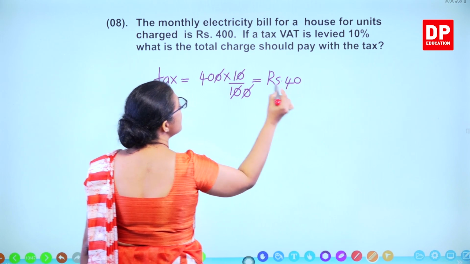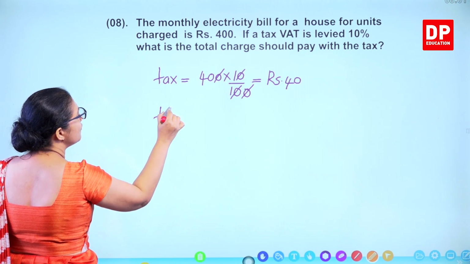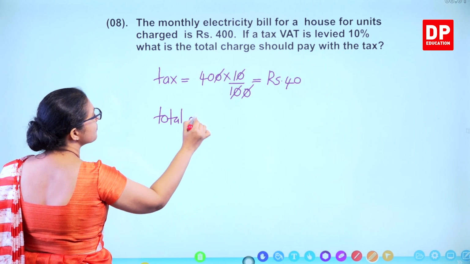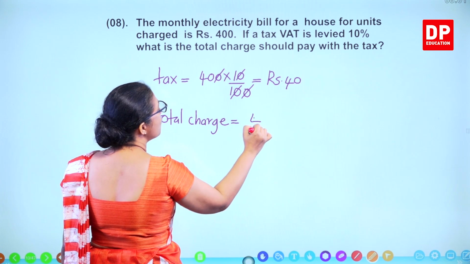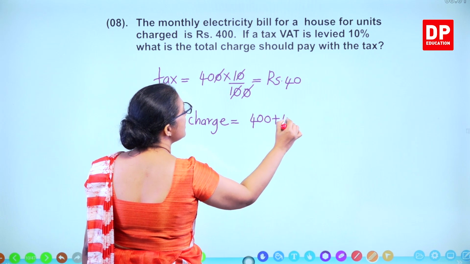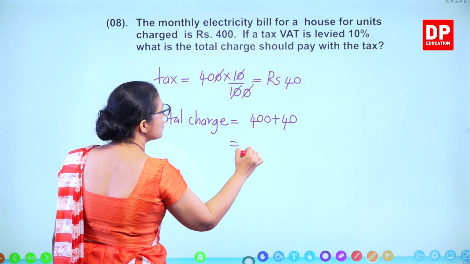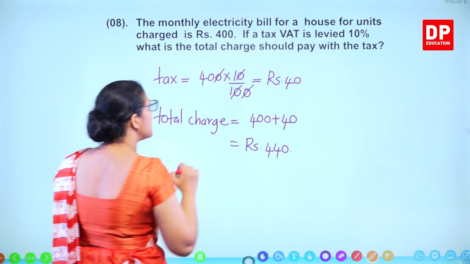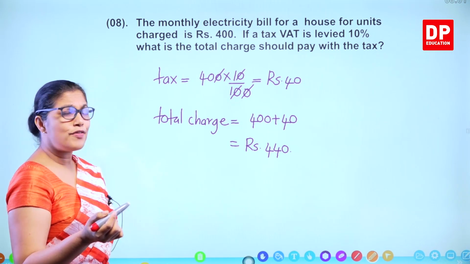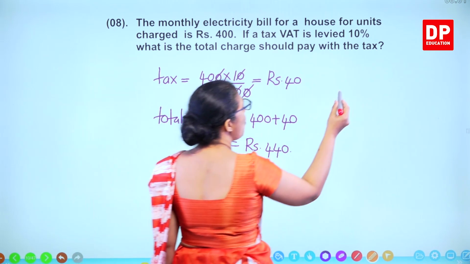And then to get the total value, you can add it. 400 plus 40, 440 rupees. So that's one method. What's the other method? You can straight away find out the total amount.